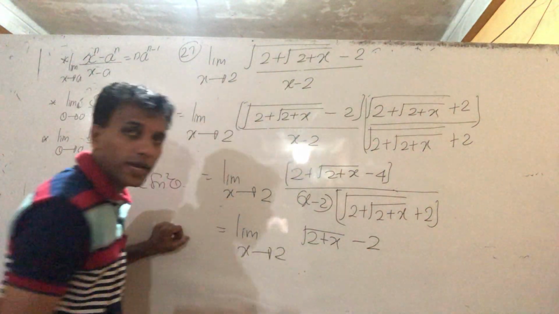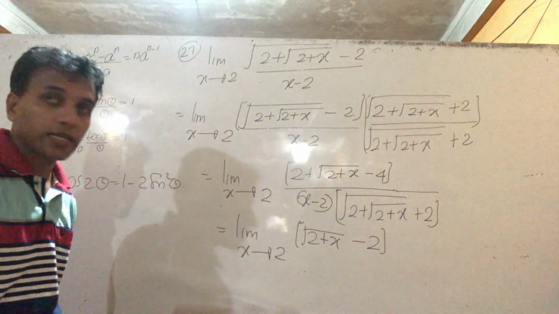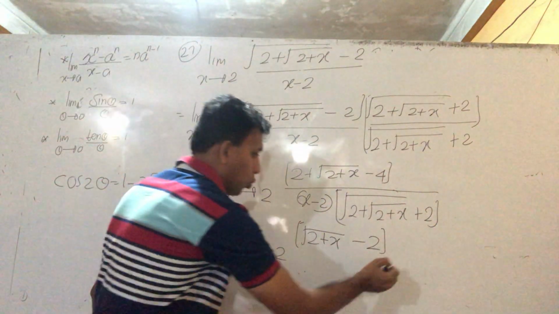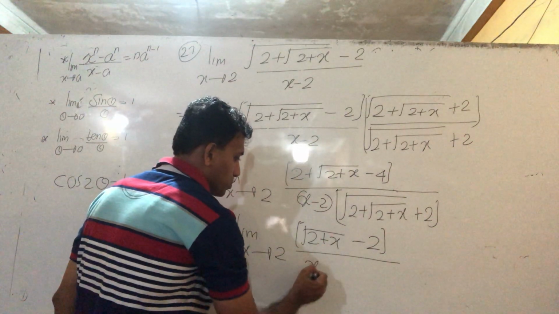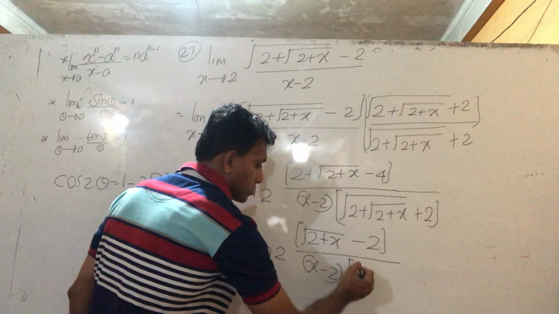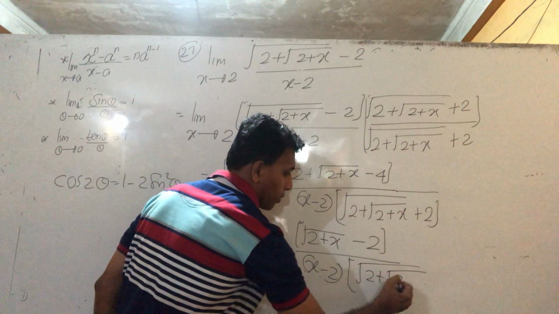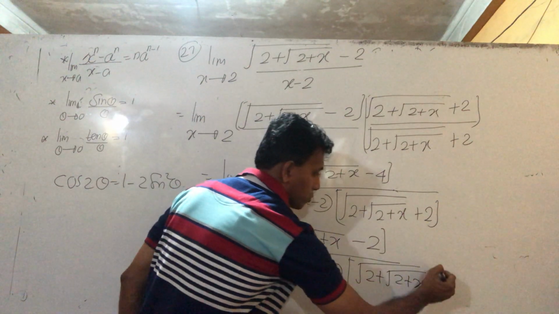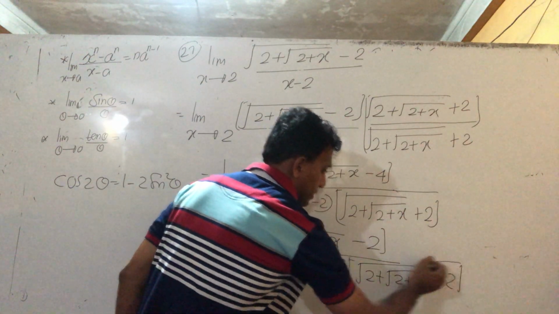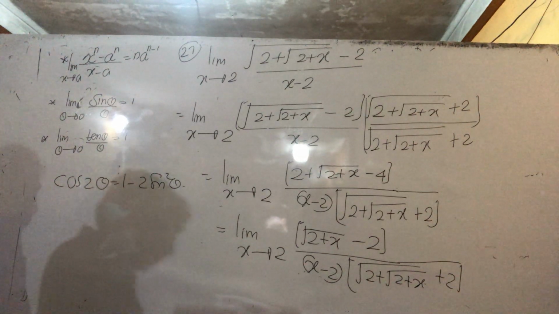Okay, that is the final result in the numerator, over x minus 2, times square root of 2 plus square root of 2 plus x, and outside 2, right? Check that. Is it okay? Check the value.